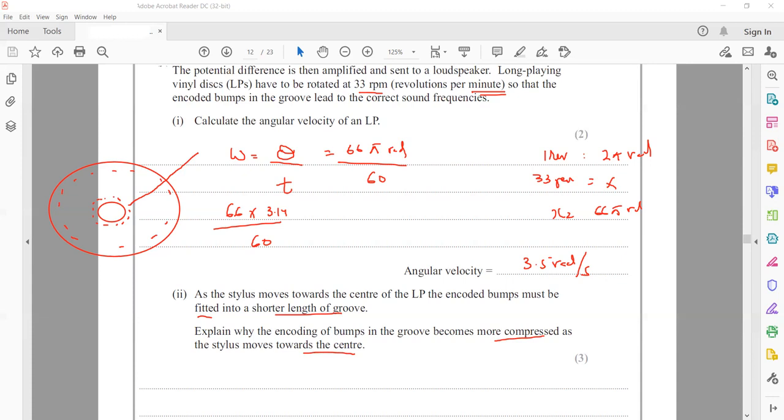If the rotation is about 33 revolutions per minute, then whether it is moving away from the center or toward the center, in both cases we want it to complete 33 revolutions per minute, or have the same angular velocity, whether the stylus is closer to the center or away from the center. So first thing we'll mention, the frequency or the time period or angular velocity should remain constant.